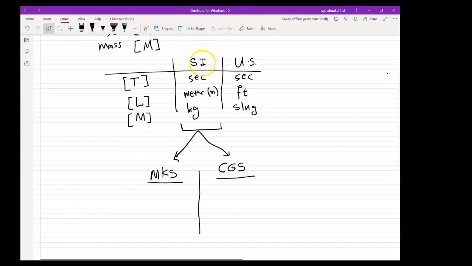So the SI system has three units, second, meter, and kilogram, but there are two subsystems. One is meter, kilogram, second, and the other is centimeter, gram, and second.